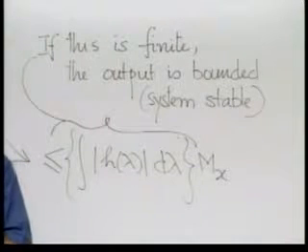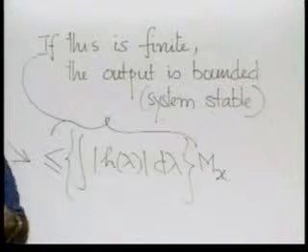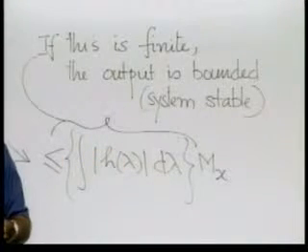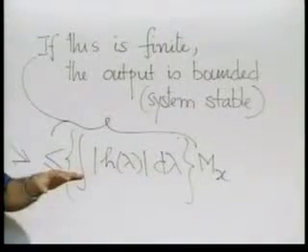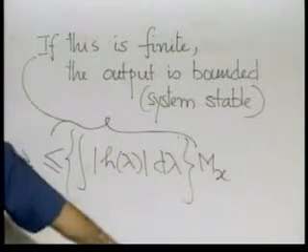So what are we saying? It's a statement of sufficiency. It is sufficient that this be finite for the system to be stable.